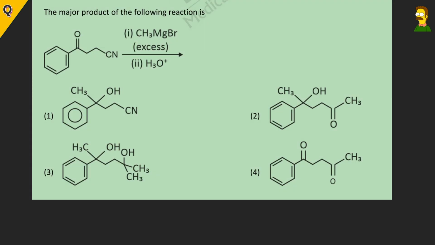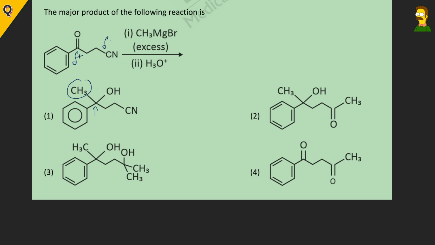What about this? This is a slightly tough question. Slightly tough because you need to know that CH3MgBr is a Grignard reagent, right? From basics you can figure it out. But if you try and look at the options and figure things out, it could get a little tricky. Because options say that CH3 only attacks this carbon which is electropositive.